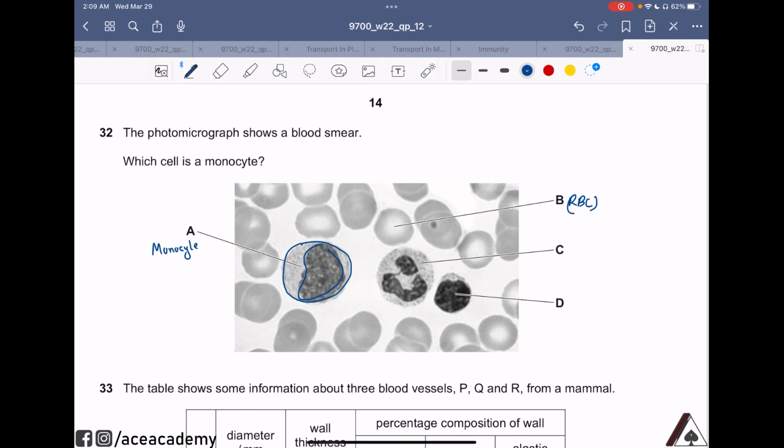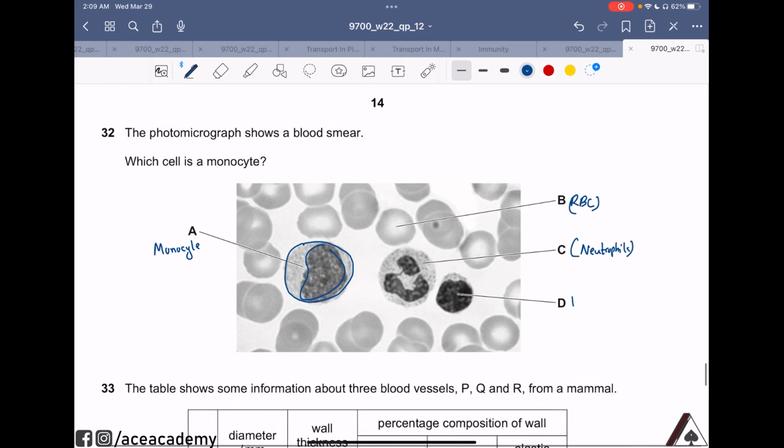And number C, it's a neutrophil because neutrophils have a lobed nucleus. And number D is a lymphocyte because they have a huge nucleus that fills up most of the cell. So A is the correct option.